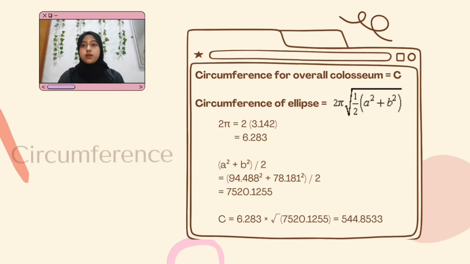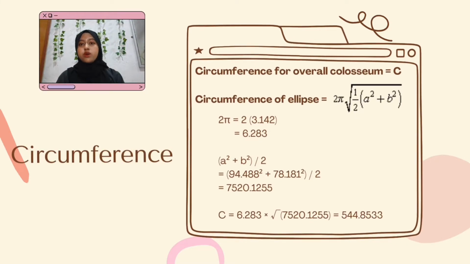which is equal to 23,210.4766. Next is the circumference of the overall Coliseum. We use the same shape as before, which is an ellipse. The formula for the circumference of an ellipse is C equals 2 pi times the square root of one over 2 times a squared plus b squared. The values of pi, a and b are the same as before: pi equals 3.142, a equals 94.488, and b equals 78.181.